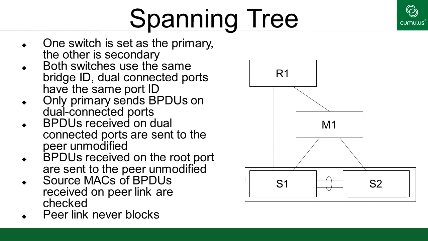When S2 receives that BPDU, it's going to look at the source MAC address, and it's going to figure out that, oh, I have a dually connected link with that source MAC address. And so it's going to process that BPDU as though it was received on that link. This is a way that we get both S1 and S2 to know that M1 is connected to it.